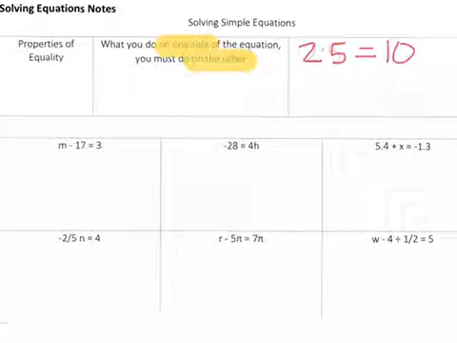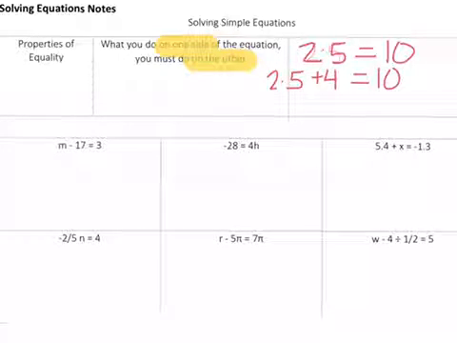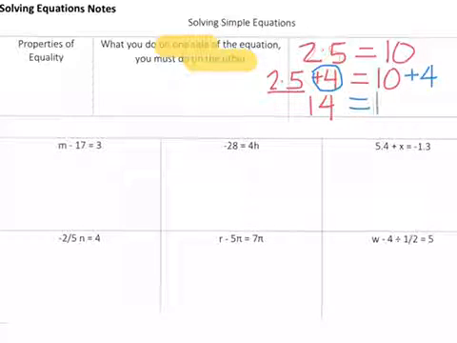Now, if I did something else on the other side of the equation, so say I did 2 times 5, and I added 4 to this, and I set it equal to 10, well, let's see what that equals. 2 times 5 is 10, and then when you add 4, it becomes 14. So, because I added 4 on one side of the equation, I need to add 4 on the other side of the equation so that it remains equal and in check.